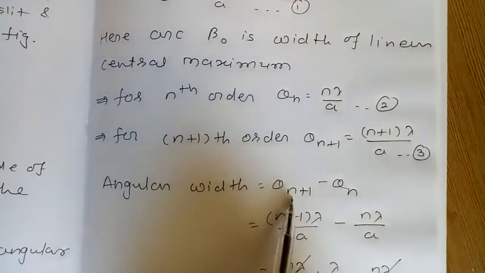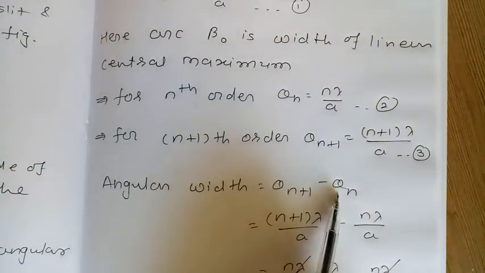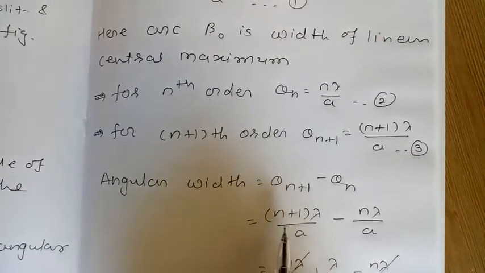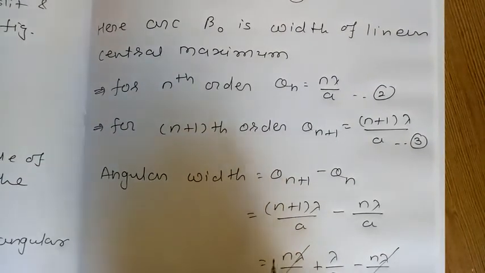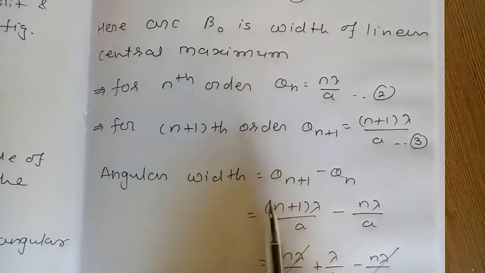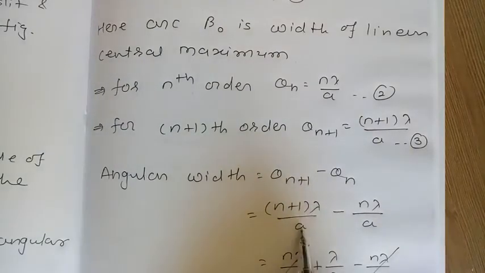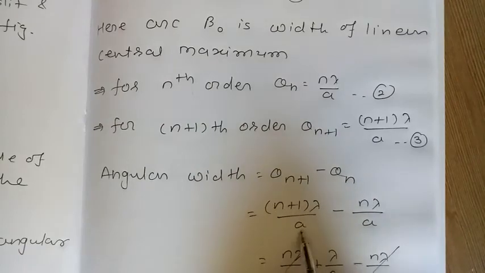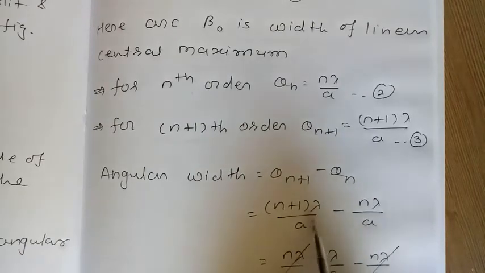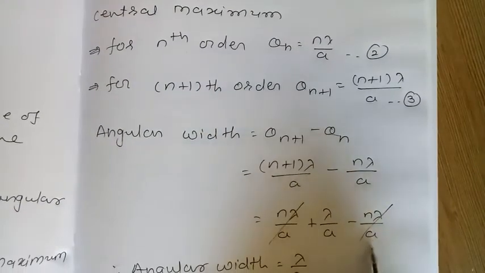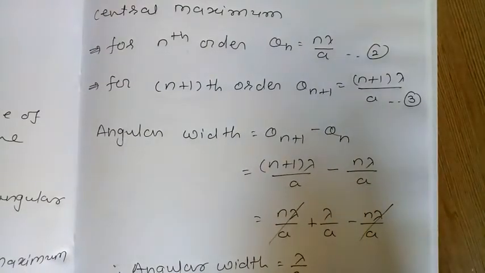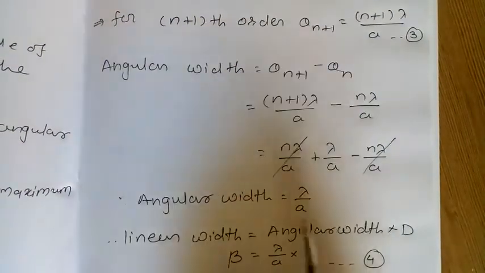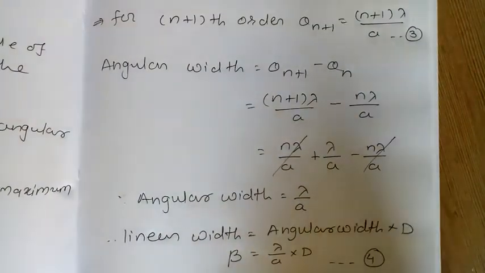Putting the values, we get n plus 1 lambda by a minus n lambda by a. Here we multiply lambda with n and with 1, so n lambda by a cancels. So we get angular width is equal to lambda by a.